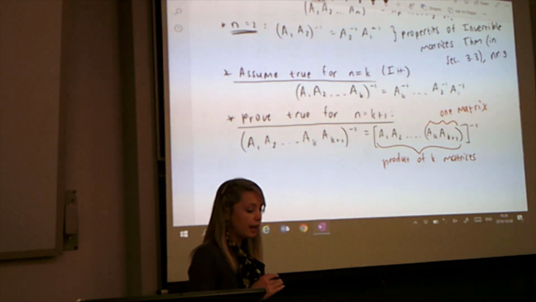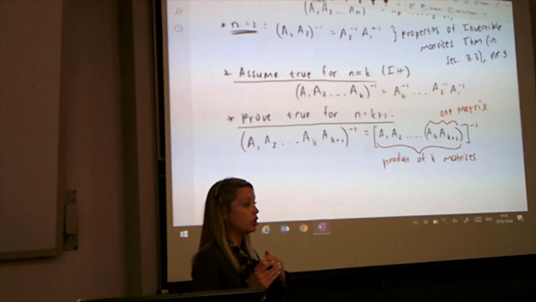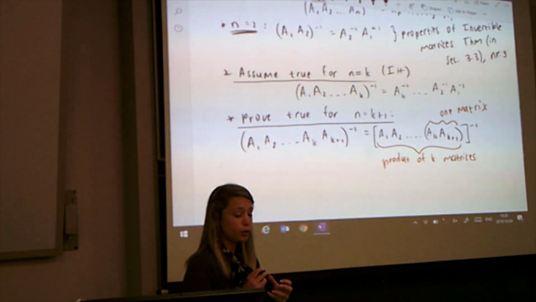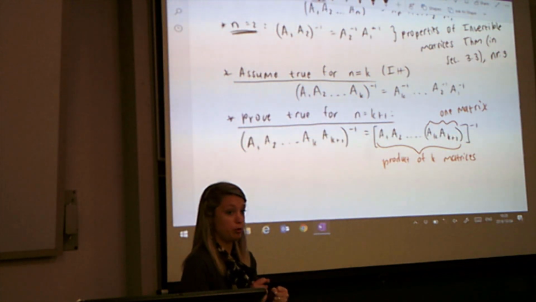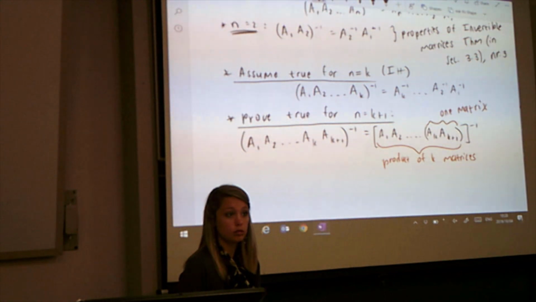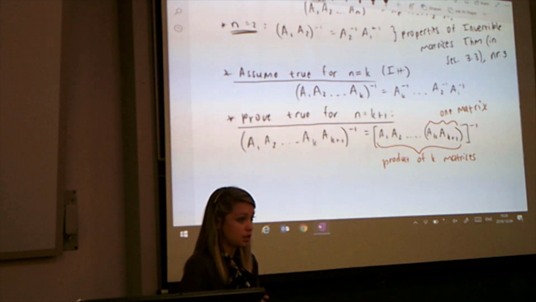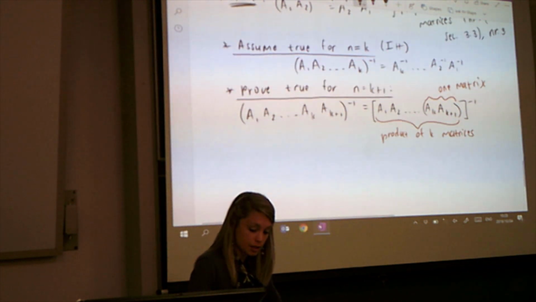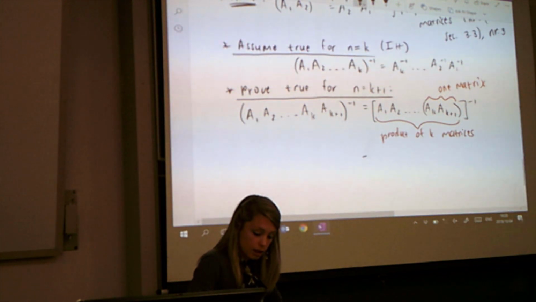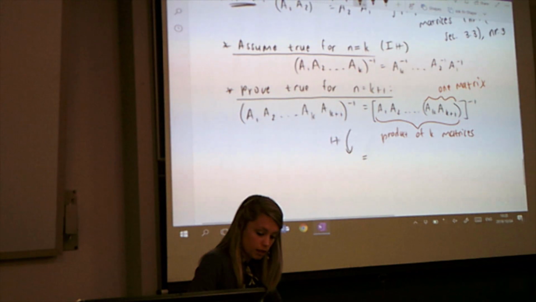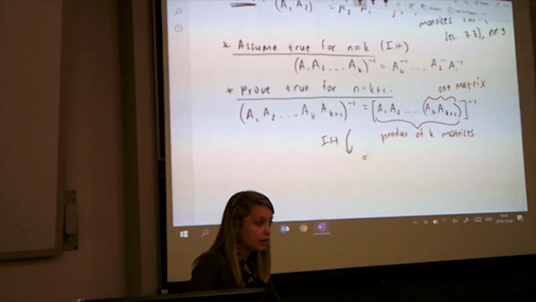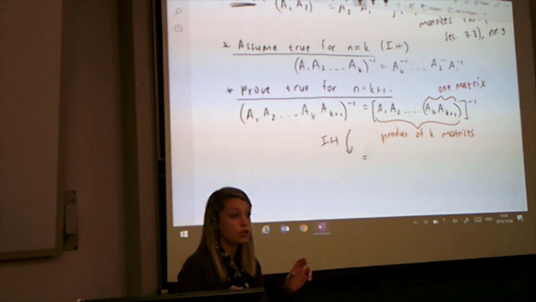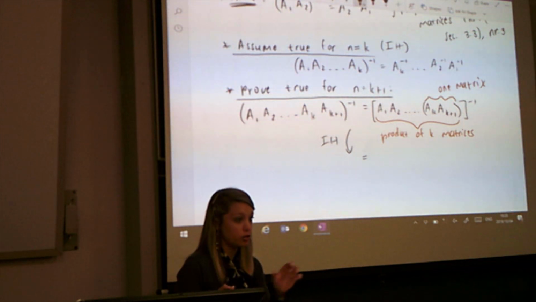And in our induction hypothesis, we showed that the property that we are trying to prove does hold for k matrices, right? So we can use our induction hypothesis and we can write this as the reverse product of the inverses of those k matrices.